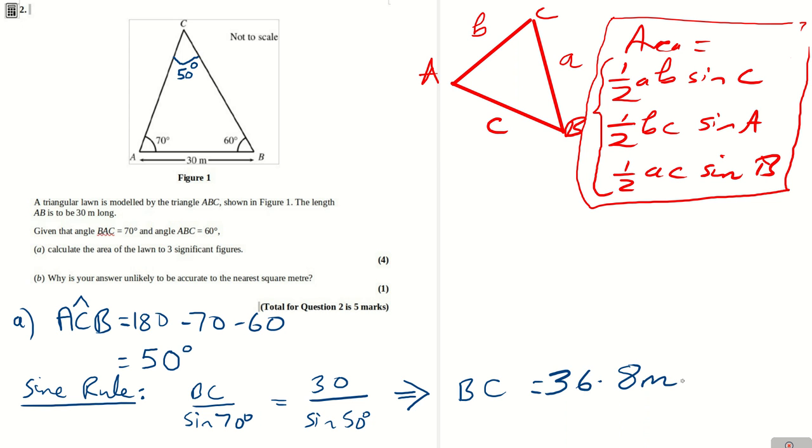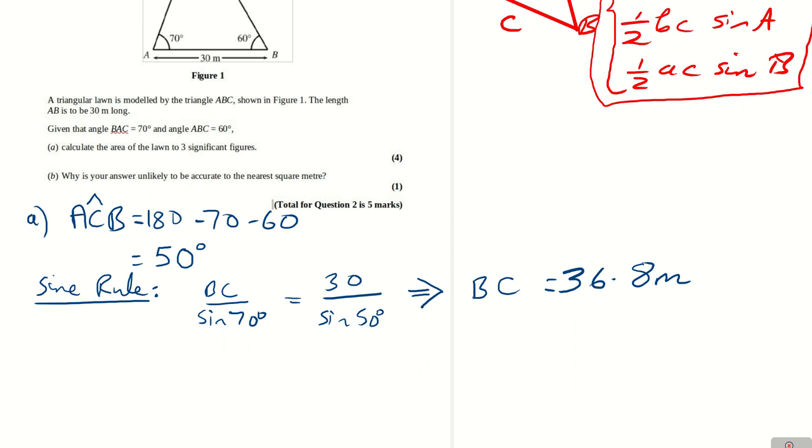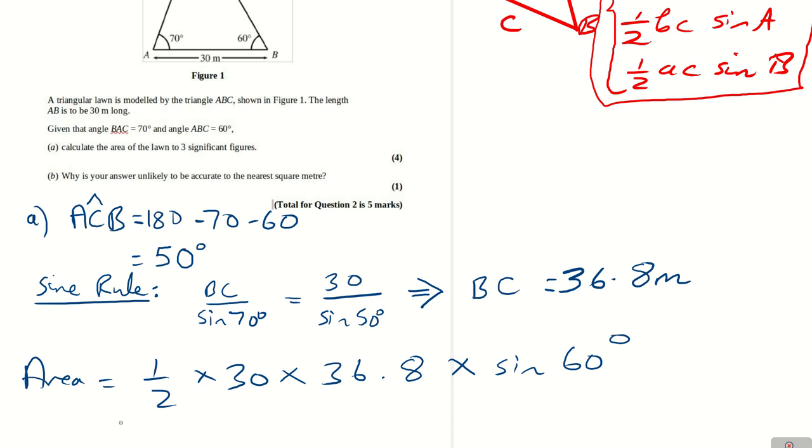Now that we have BC, we can use the formula for the area of a triangle, and we can say that area equals a half times 30 times 36.8, which is what we've just worked out, times the sine of 60.